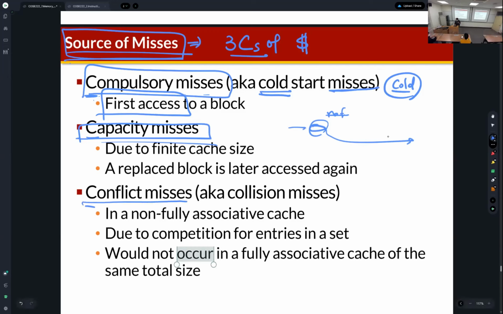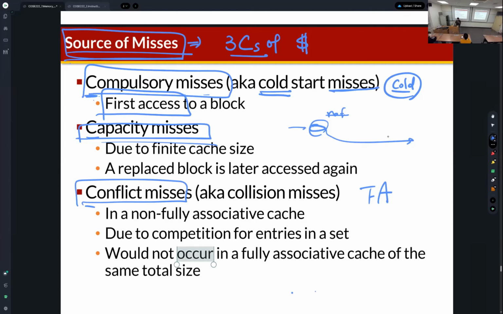And then conflict miss. If we use a fully associative cache, the newly requested cache blocks can be allocated in any block of the cache.